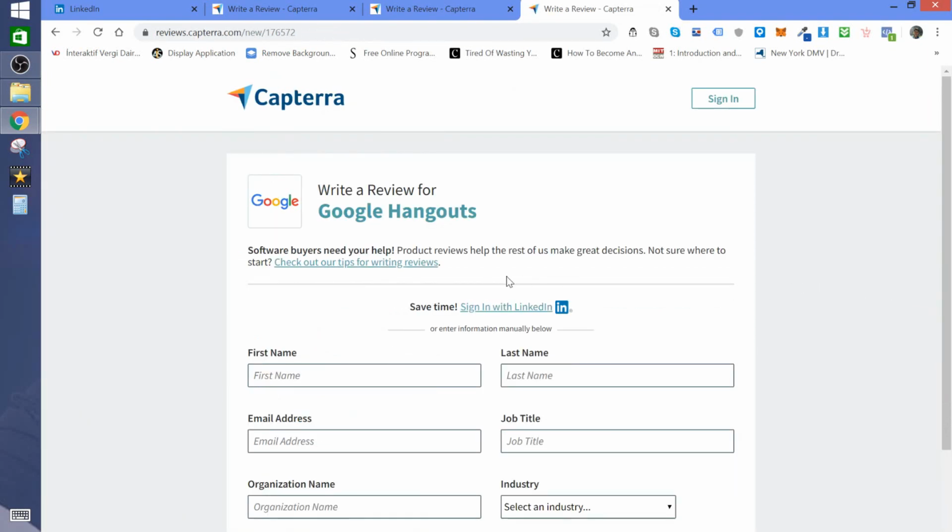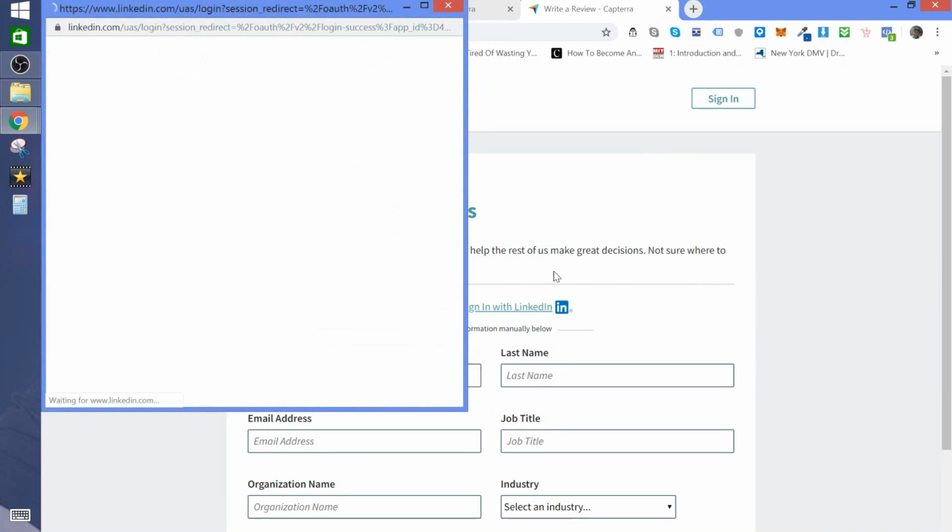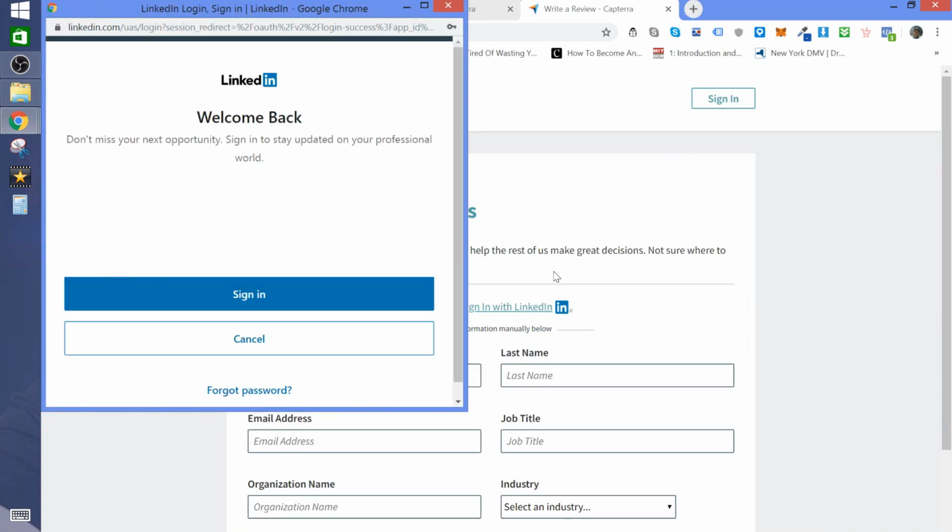Yes, as you see, there's a form. Save time, sign in with LinkedIn. I clicked. As you see, there's an automatic approval process to get in with LinkedIn.